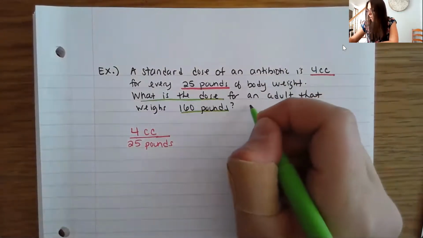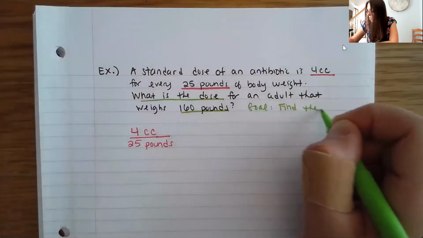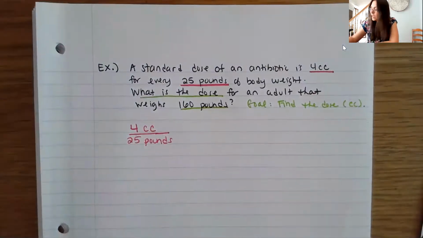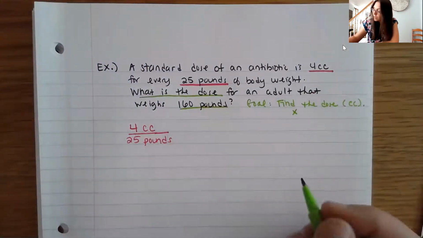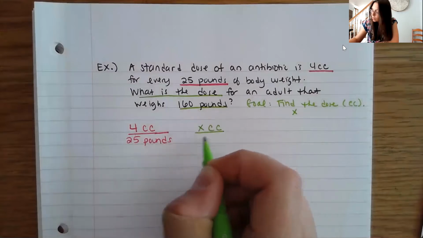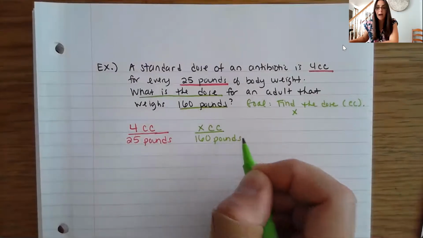Okay, so our goal here is to find the dose. Now think about this, your dose was the cc's, right? That was my units. So that's going to be your X. So I don't know my dose, but I do know the weight for this person is 160 pounds.